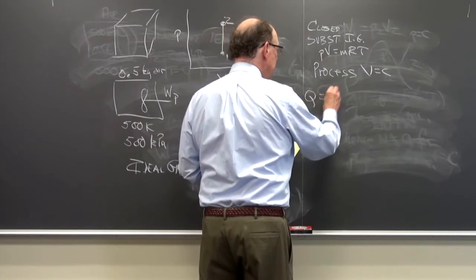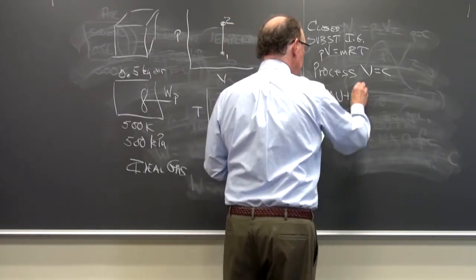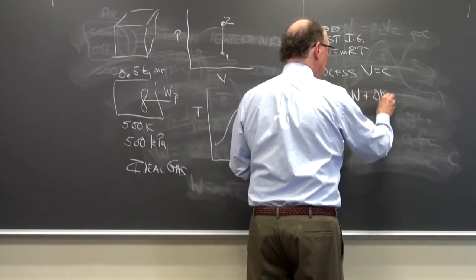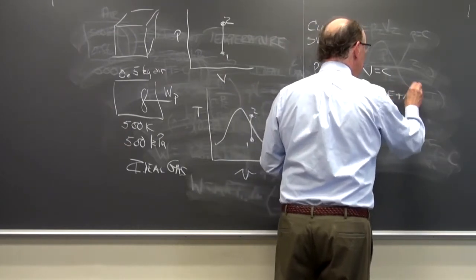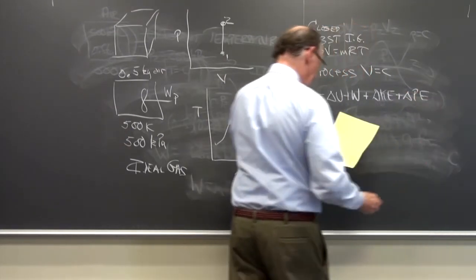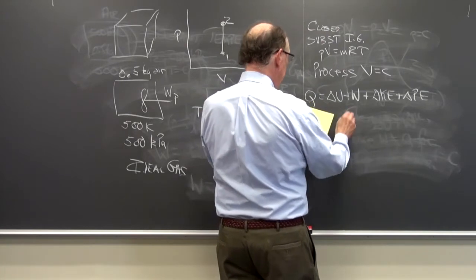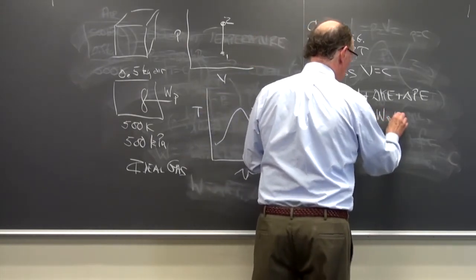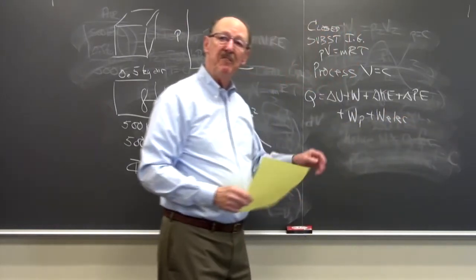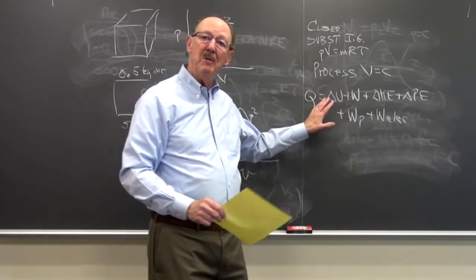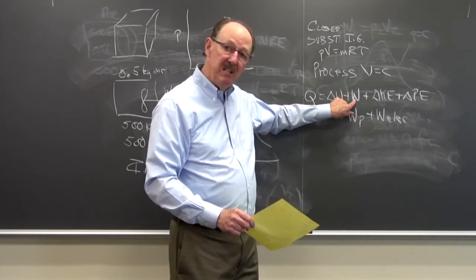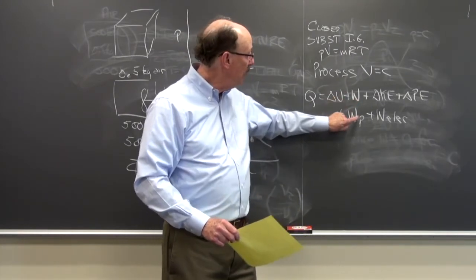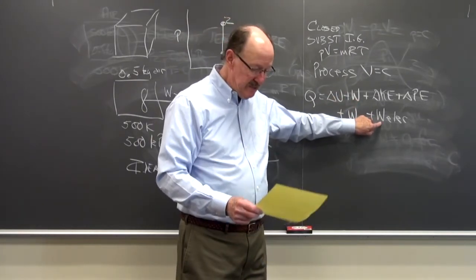Q is equal to delta U plus W plus delta KE plus delta PE plus W_P plus W electric. So in constant volume problems, there may be other work terms. So this is the PdV work. This would be paddle work. This would be electrical work if I had a heater going in.